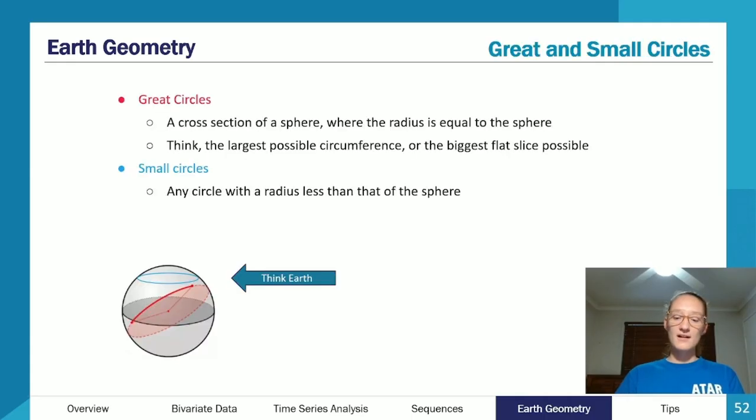Again, if this is our Earth, our latitude coordinate is a number with a degree sign at the end. It tells us how far north or south I am going. If it's up a bit north, okay, I'm coming up here, and then how far east or west is it?